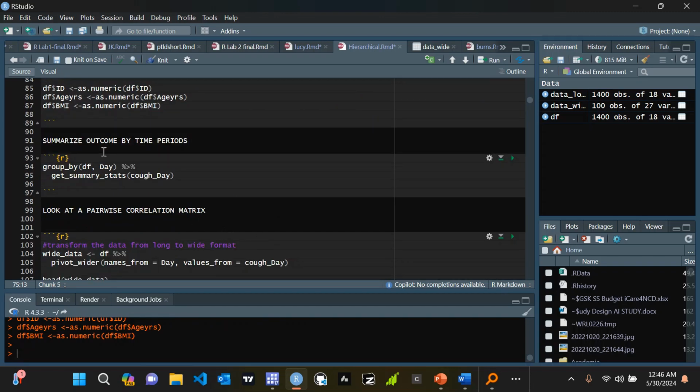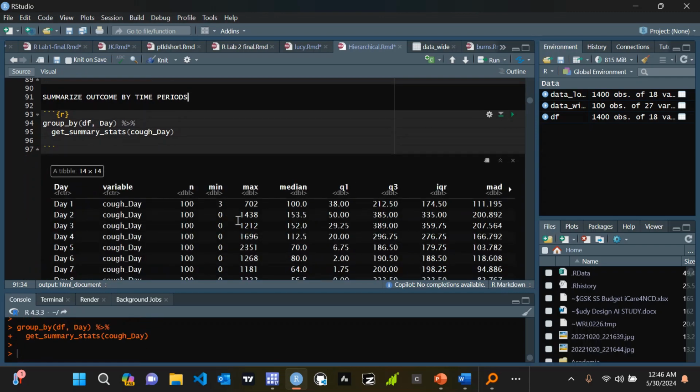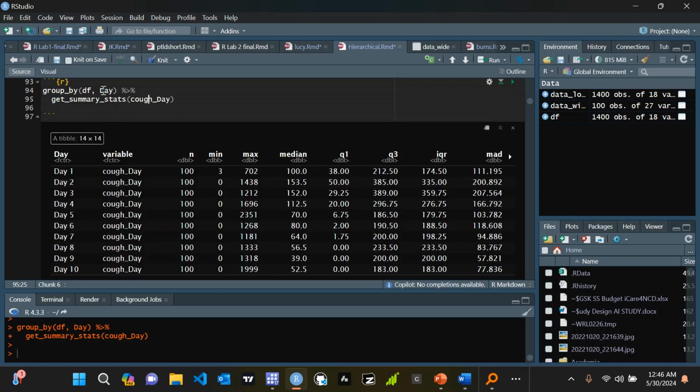So let's start by summarizing the outcome, that is the time periods. We get summary statistics, summarized by day. Day is the number of days from day 1 to 14. You see cough day, I said these are the cough frequencies. There are 100 patients.